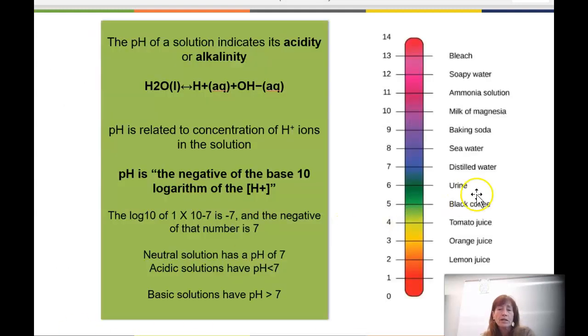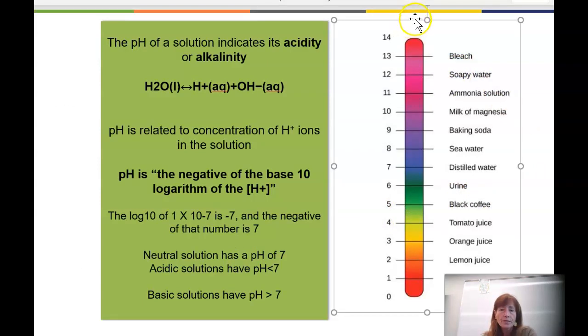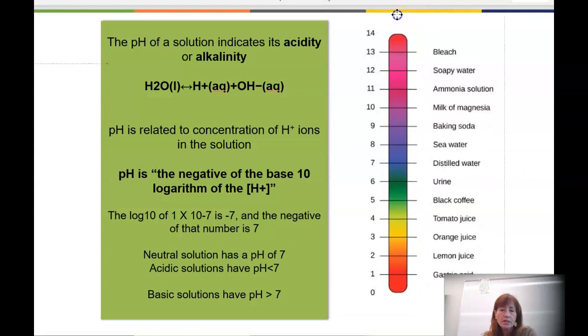So this picture right here is a good one because it shows you some of the different things that we can call acids and bases, going up to this high level where bleach is, which means it's highly basic. We could say it's alkaline, because this part of the scale is considered increased alkalinity, while if we go down from 7 on down, this is increased acidity.